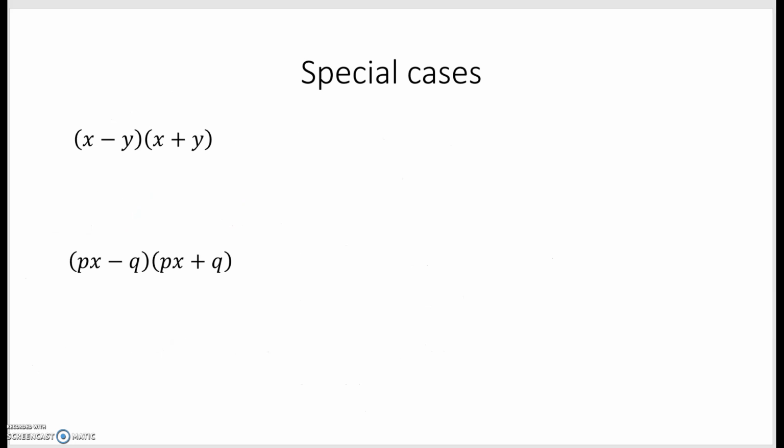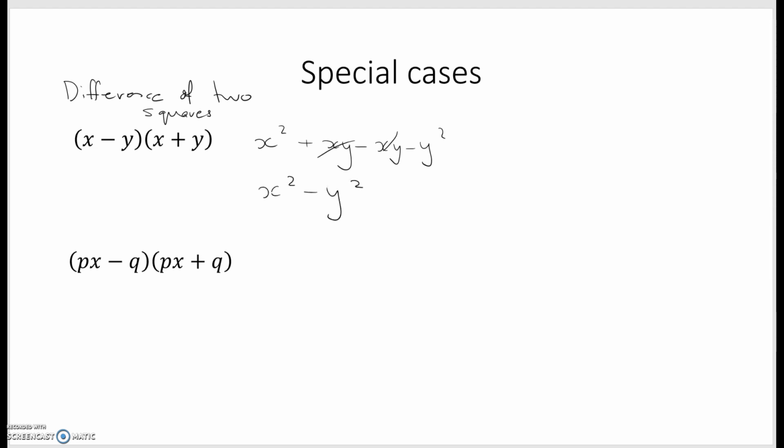Some more special cases. This is a difference of two squares. So again, use FOIL, x squared plus xy minus xy minus y squared. Now these two cancel out and we're just left with x squared minus y squared.